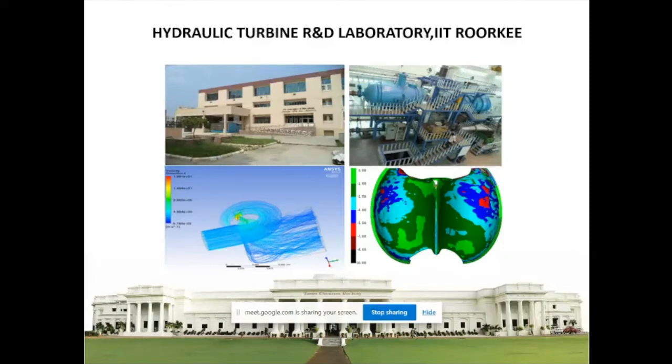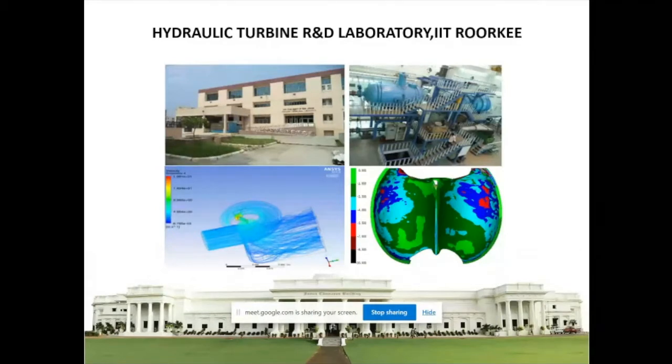Once we are satisfied with the proposed result provided by the CFD, then we go for the model fabrication, and then we validate our CFD result with the model result obtained by the experiments.